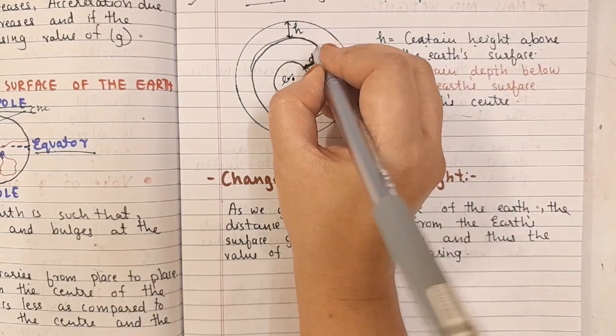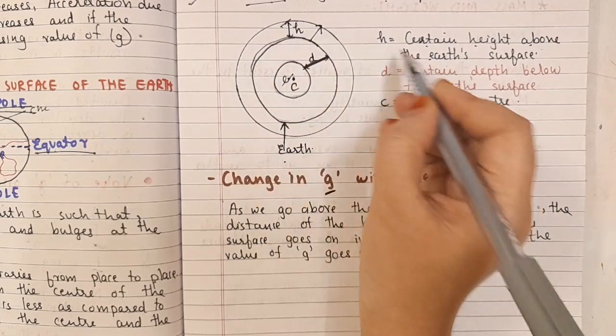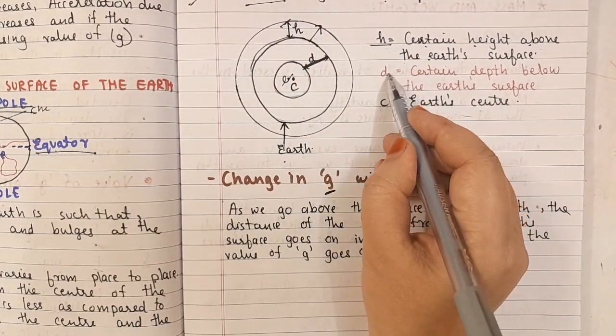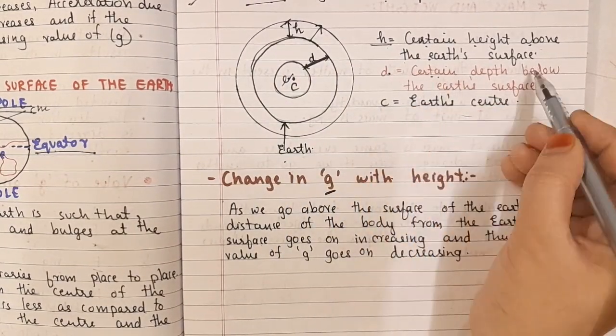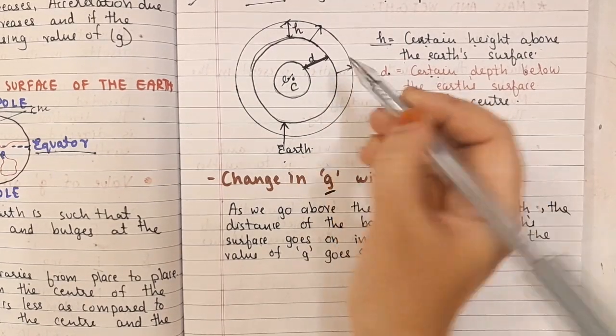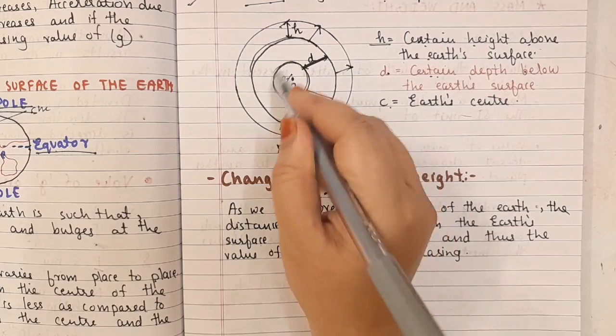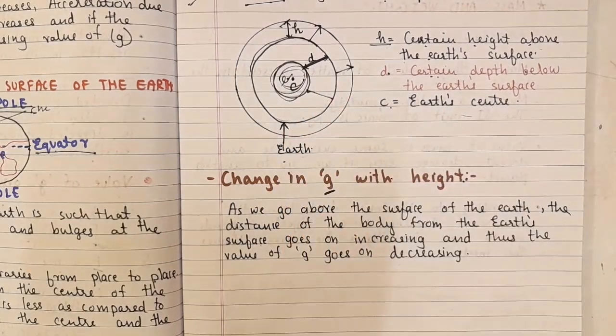So this is above the earth's surface and this is below the earth's surface. And c is the center of the earth.